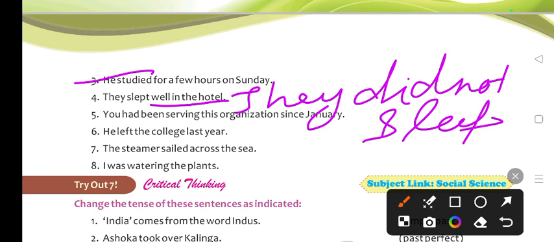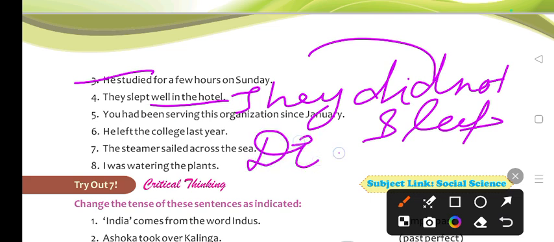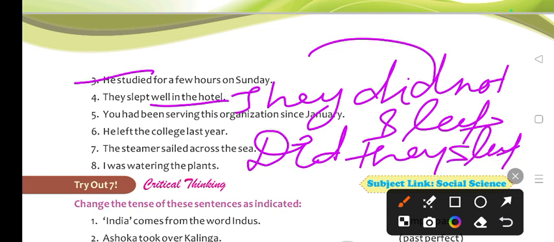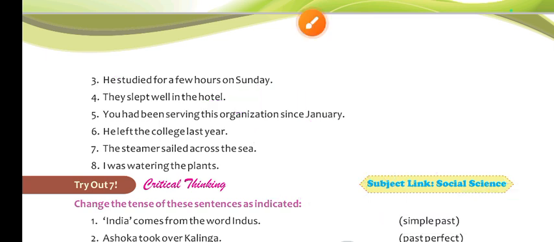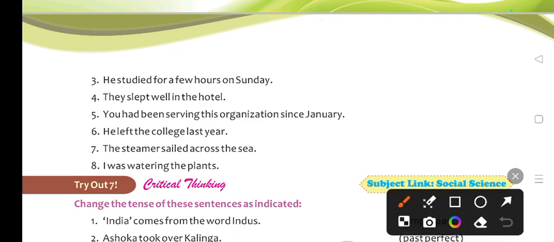When you are changing it to interrogative, you just put did first. Did they sleep well in the hotel? Then put a question mark. Okay. Now, you had been serving this organization since January. So when you are making negative, put not between the two.